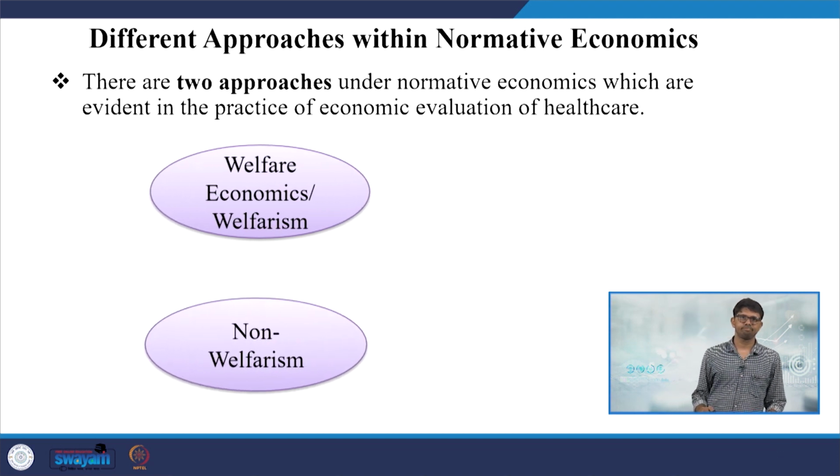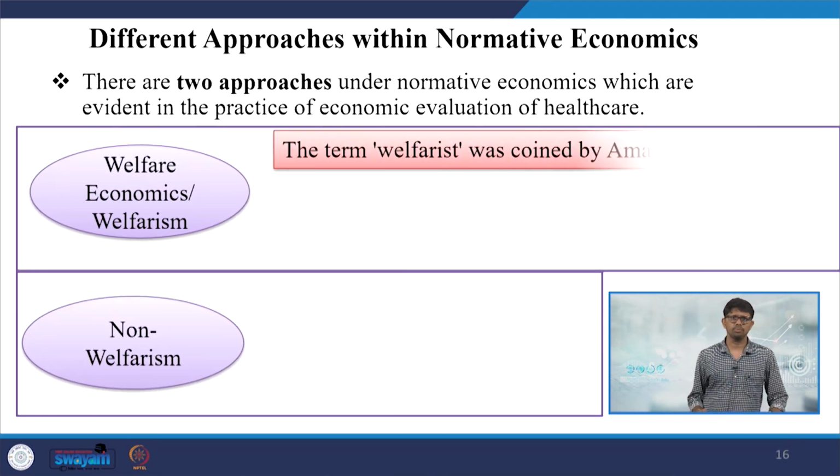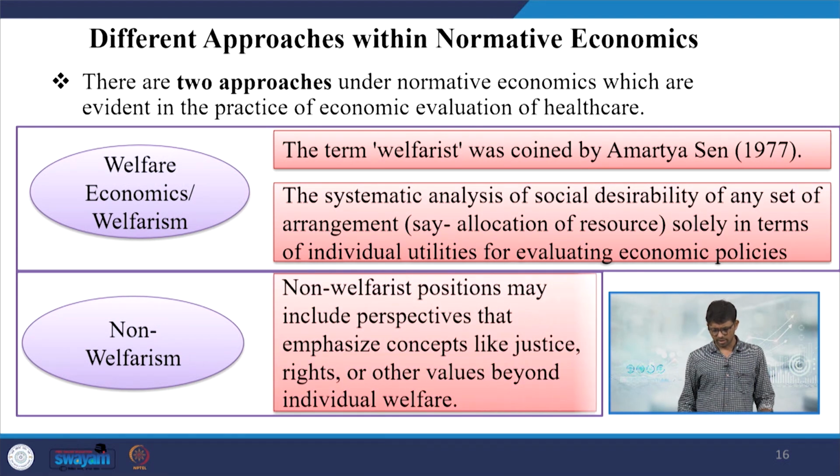And we will emphasize them one by one, starting with the welfarist concept. The term welfarist was actually coined by Professor Amartya Sen in 1977. It is a systematic analysis of the social desirability of any set of arrangements, say the allocation of resources, solely in terms of individual utilities for evaluating economic policies.